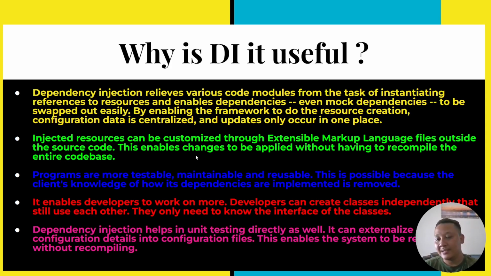We can simply swap out the database and fake that data using a list or whatever other mechanism. And then we can test it without the need to actually have a database. So this makes code much easier to use. We're following a standard practice that everybody else understands, and it makes code much easier to test and to build.